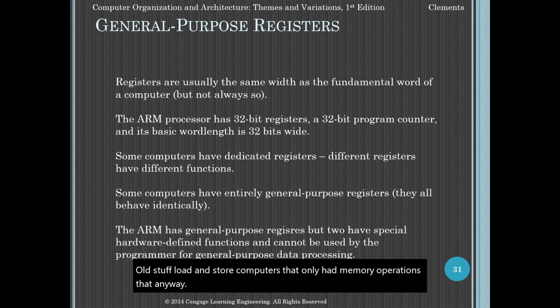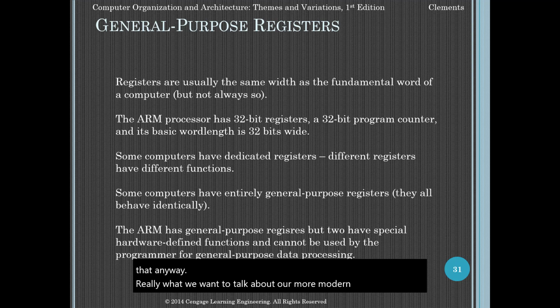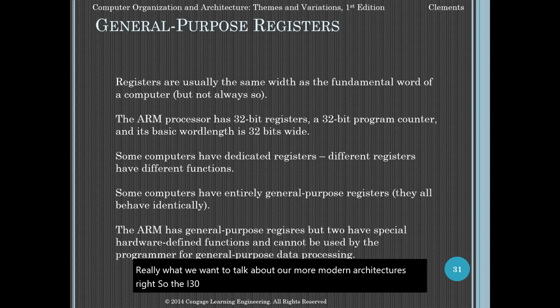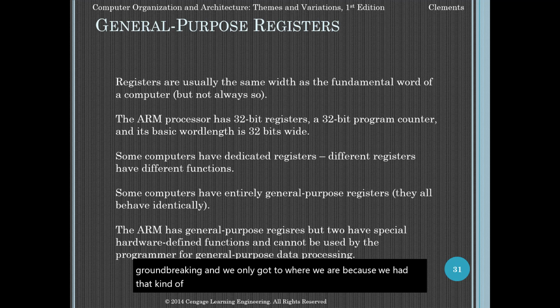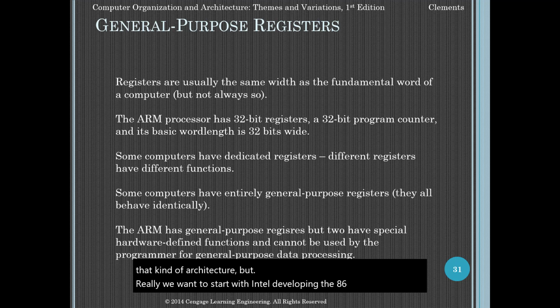Really what we want to talk about are more modern architectures. So the IA32 architecture used by the 8086, I mean, that was groundbreaking, and we only got to where we are because we had that kind of architecture. But really we want to start with Intel developing the 86K processor, which came from the 8086.